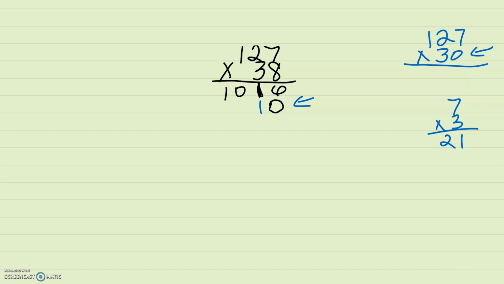And we're going to carry our 2. Okay, our next digit in our top factor is 2, so we're going to do 2 times 3, which is 6. And then we have to add the 2 that we regrouped from our 21 to get 8.